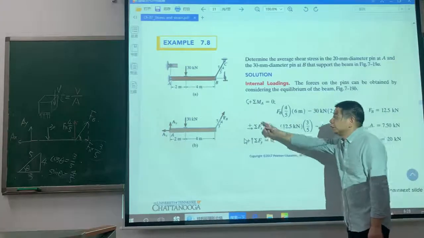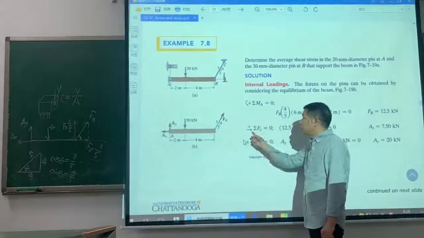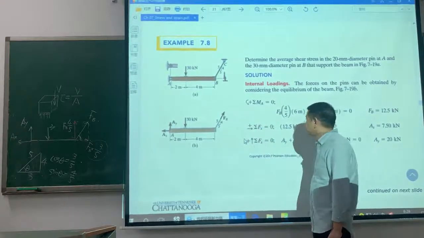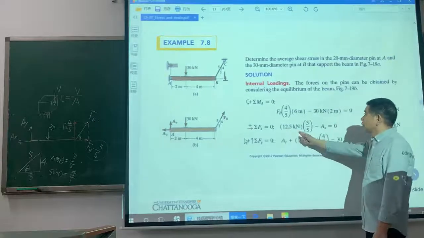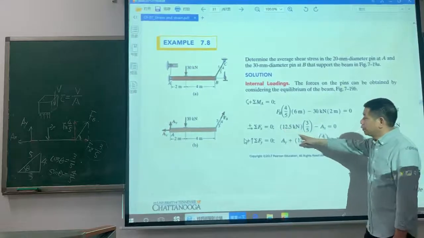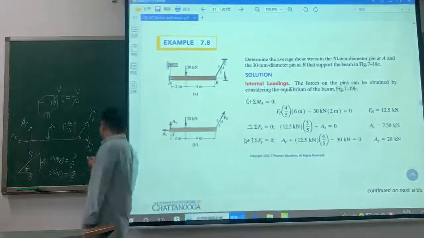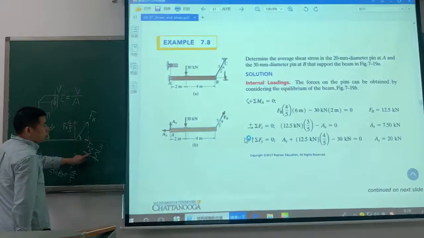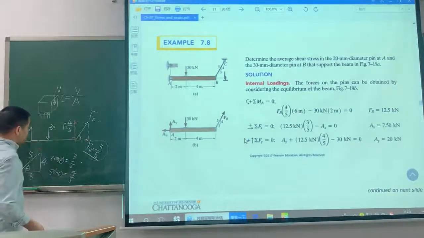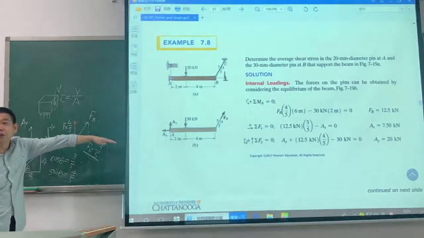We can get the other equilibrium equation. It means it's FB times 3/5 because the component is horizontal.